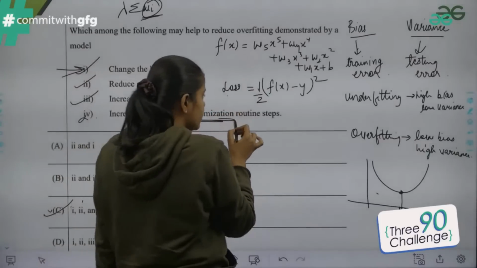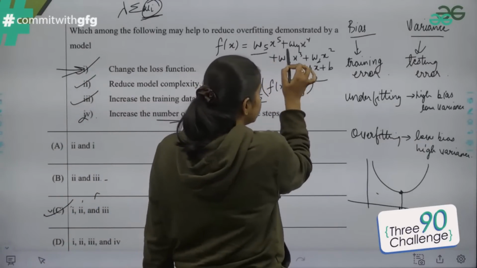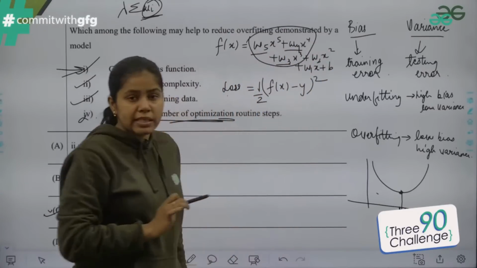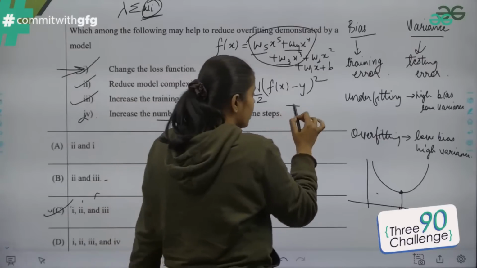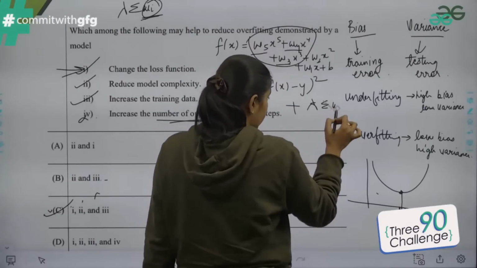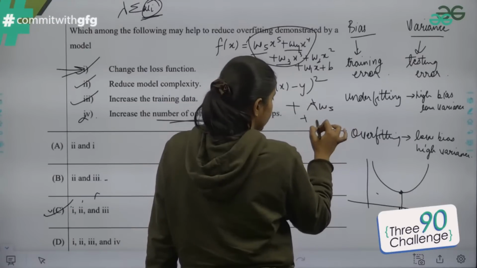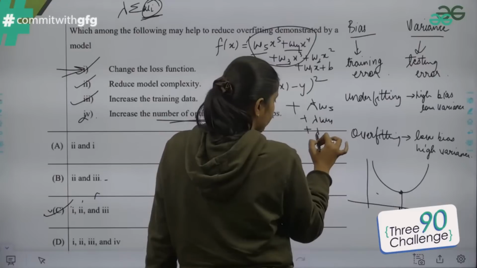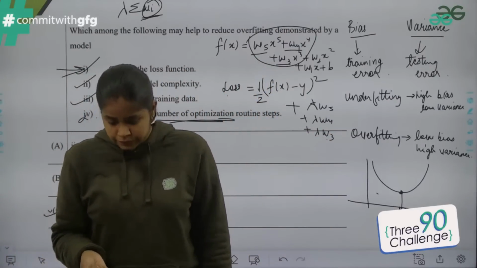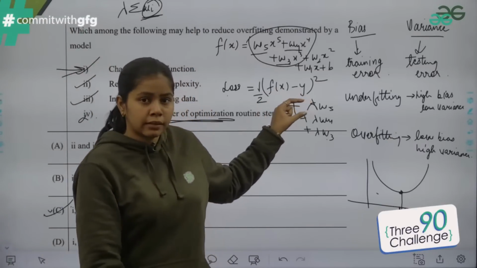Now because of this loss function, what would I do? Because I know that these three terms, w5, w4, w3, would make my model so much more complex, and I do not want that. So what would I do? I'll add lambda w5 plus lambda w4 plus lambda w3. If I take the lambda value so high, what would I get?